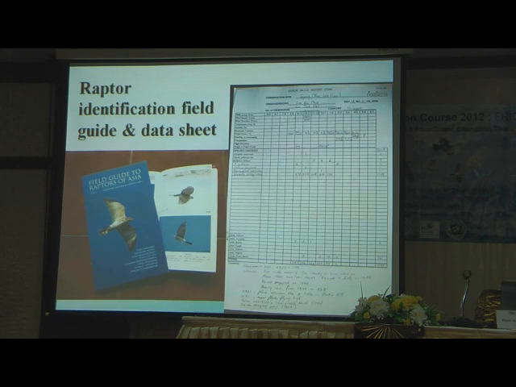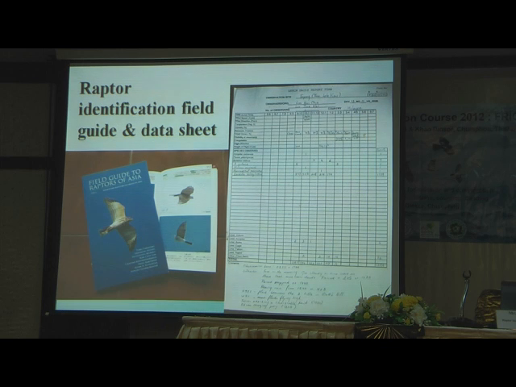Raptor identification guide, I think it is on sale. This one here, the book by ARCN, and then a data sheet. The data sheet comes in many forms, depending on how much data you want to collect.